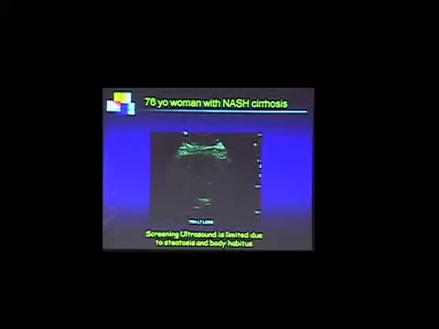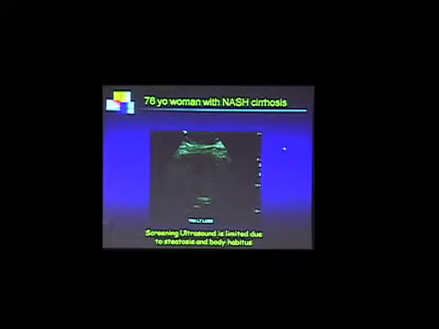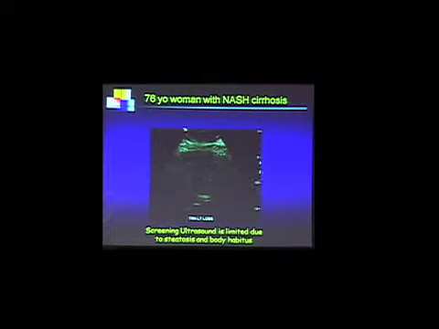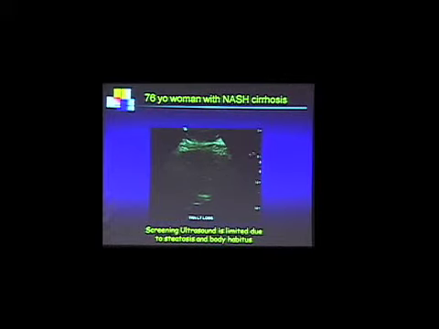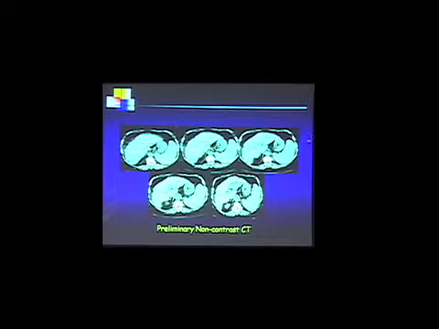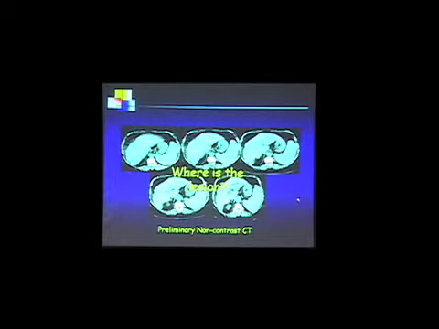It means 1 meter and 60 centimeters tall and 100 kilograms weighing with cirrhosis. Where is the lesion? I don't know. Difficult to find the liver also. Where is the lesion? In non-contrast enhanced CT, invisible. Only with contrast enhanced CT, you find the lesion.